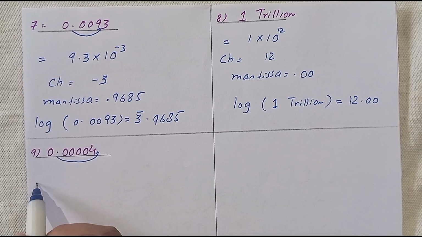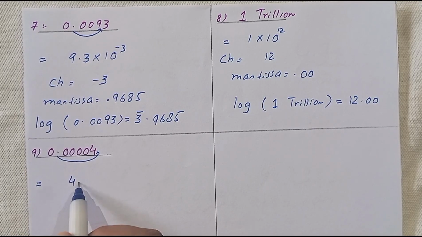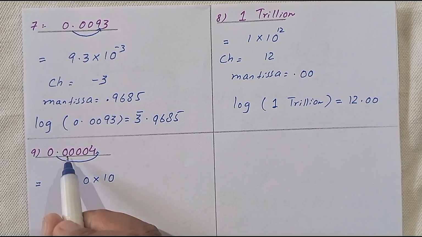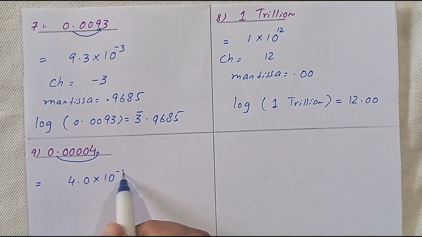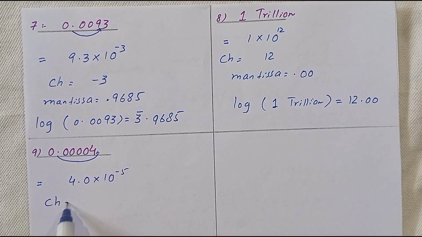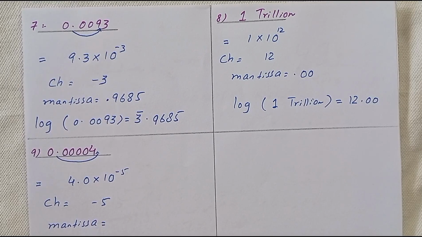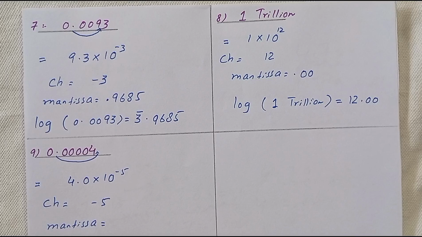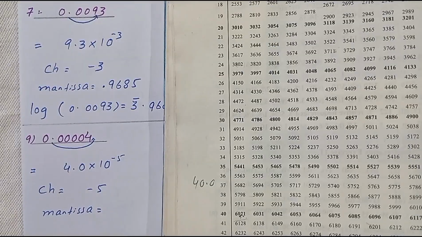In scientific notation we write it as 4.0 multiplied by 10 power minus 5. From that the characteristic is minus 5, and the mantissa. For the mantissa, as it is 4, we assume here we have to look at 4 in the log table.